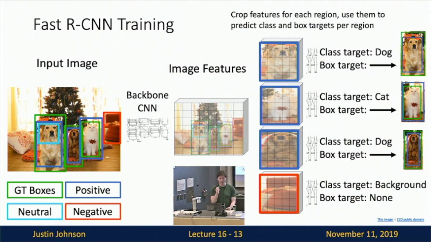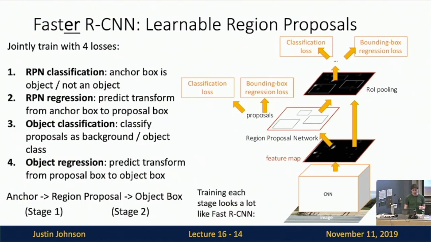And then we crop out the features corresponding to each of the region proposals from these image features. But other than that, we still have the same procedure of pairing up the positives and the negatives, and all the training targets for Fast RCNN are going to be exactly the same as they were in Slow RCNN. And now for Faster RCNN, remember that it's a two-stage method.